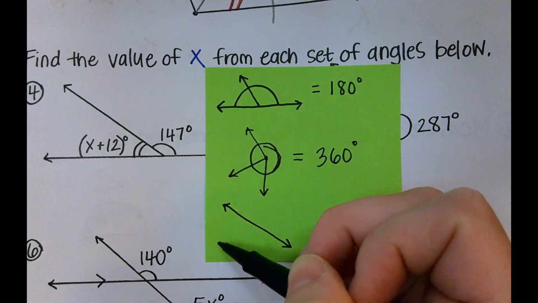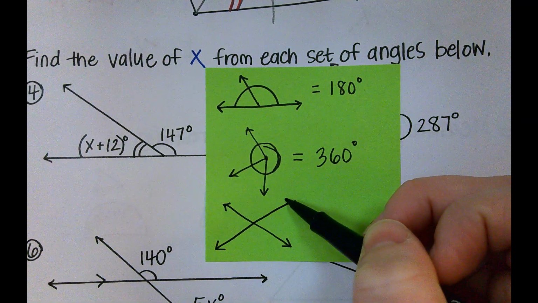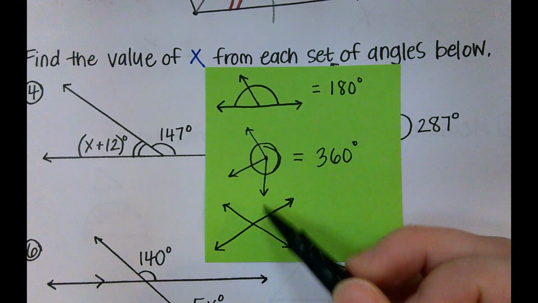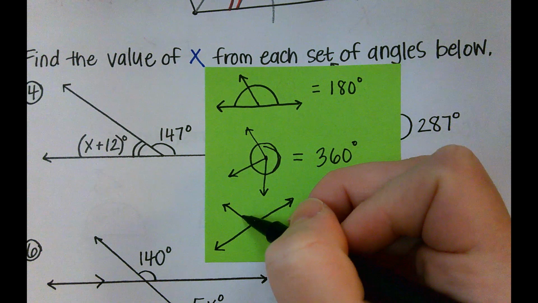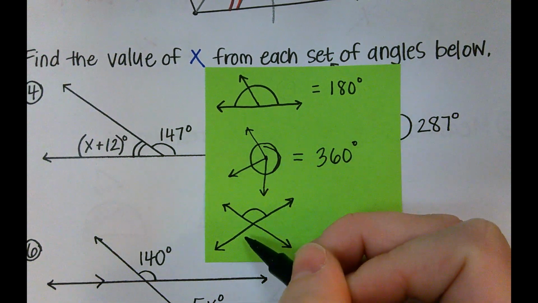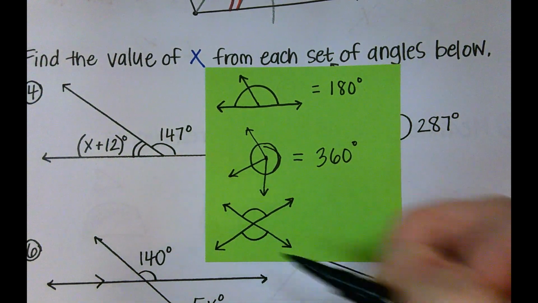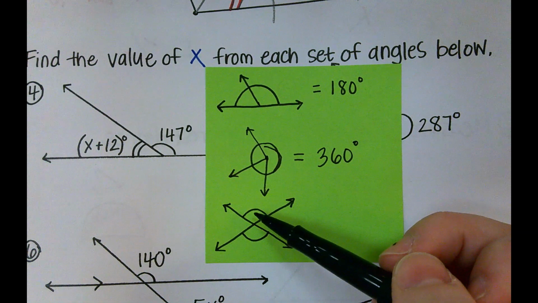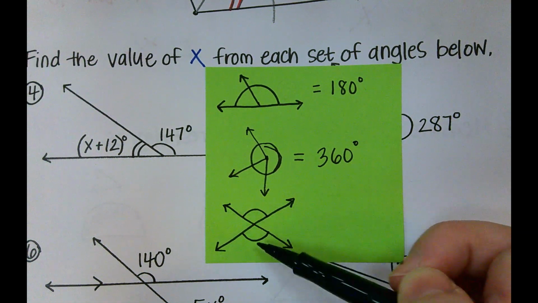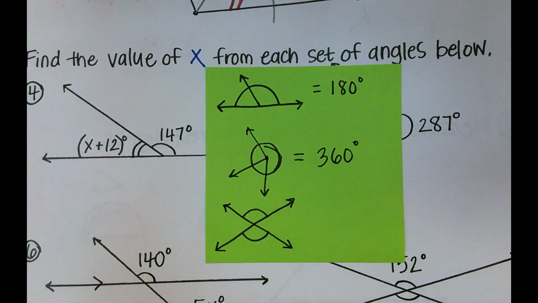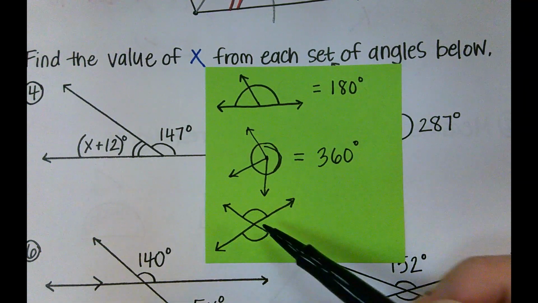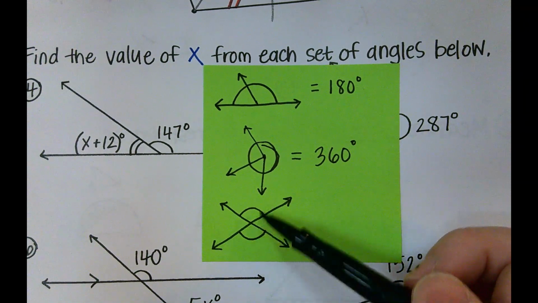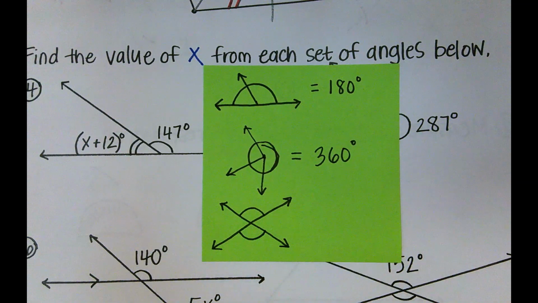Then I'm going to draw two lines to make an X like this, and I'm going to put an arc on the top angle and on the bottom angle. Now, I don't know the measure of these angles, but how do we know these two angles are related to each other? The arcs. The arcs do tell us, but there's also a special relationship that happens when angles are across from each other. They're equal.